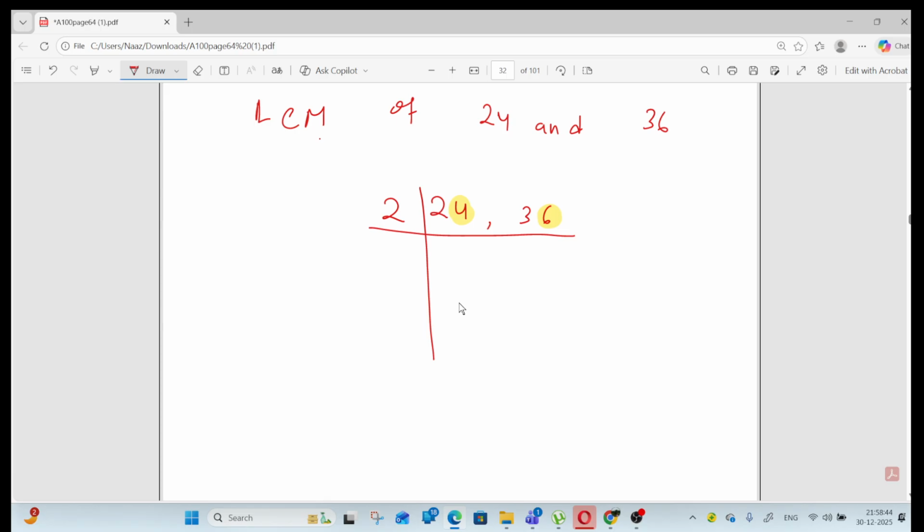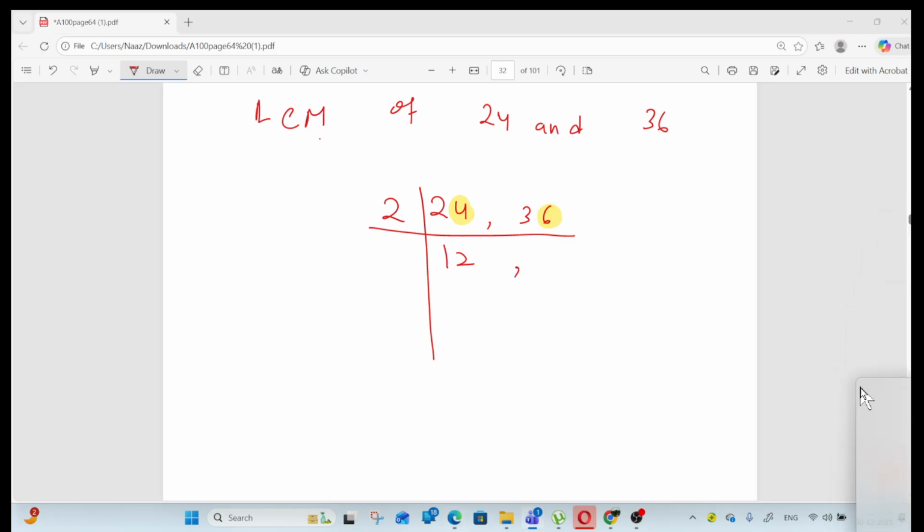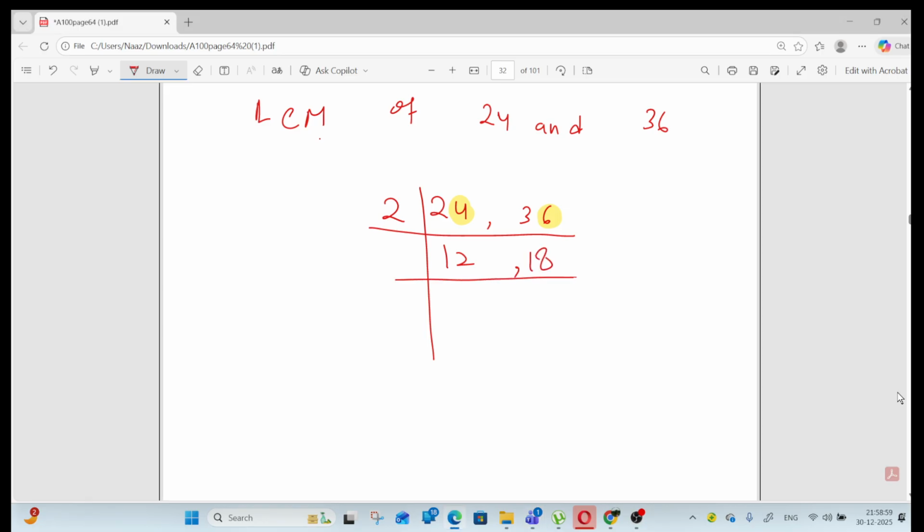So 24 divided by 2 is 12. And 36 divided by 2 is 18. Again we can divide by 2, right? Because they both are even. 12 divided by 2 is 6, and here 9.